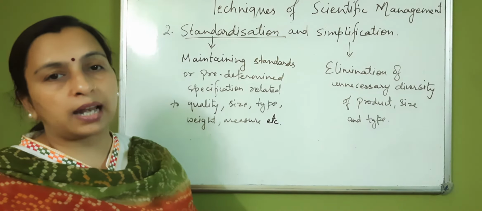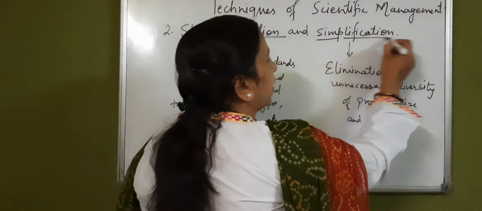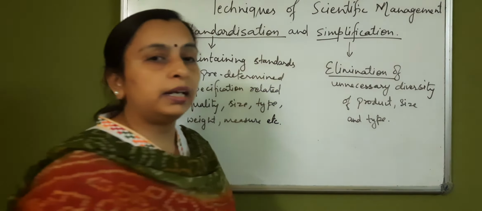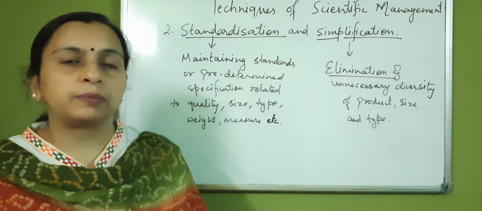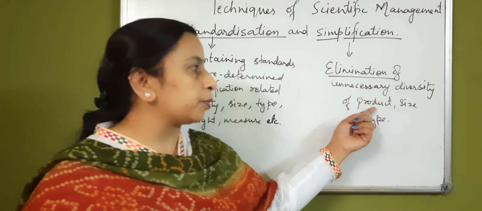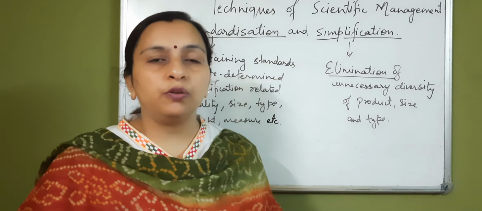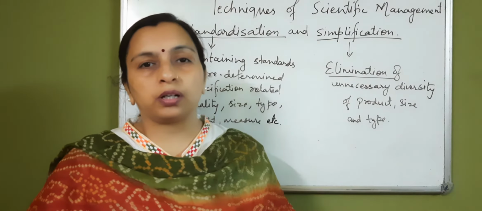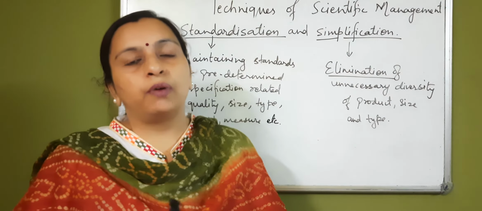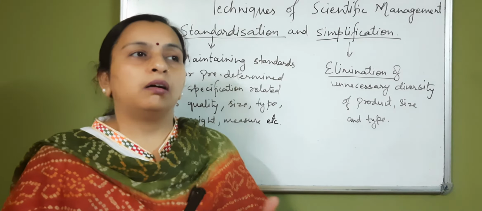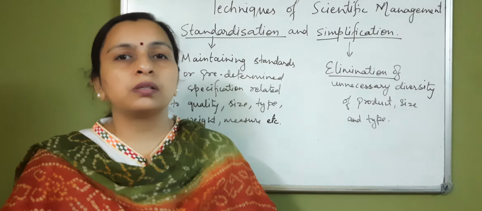So that is standardization. Second is simplification. To simplify means to eliminate unnecessary diversity. Suppose a company has a lot of diversification related to product, size or type. Take the example of an FMCG company manufacturing soaps, shampoo, cream, body lotions, talcum powder.